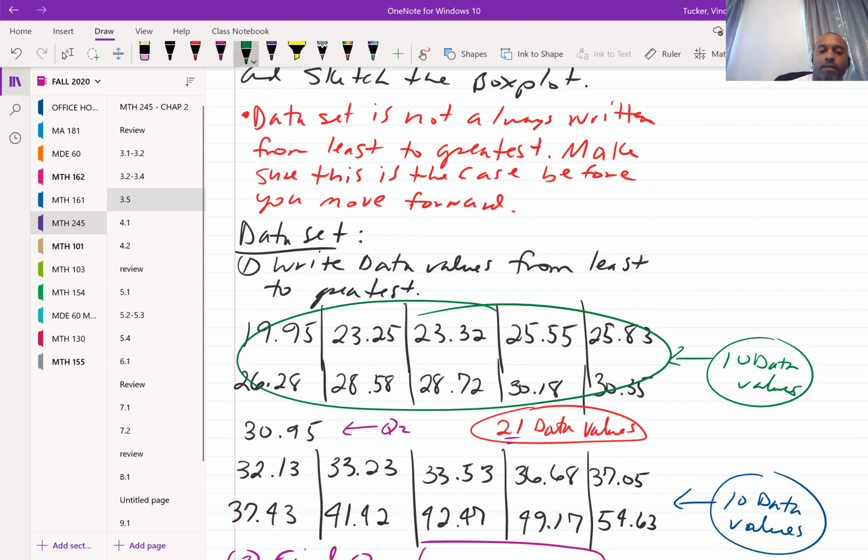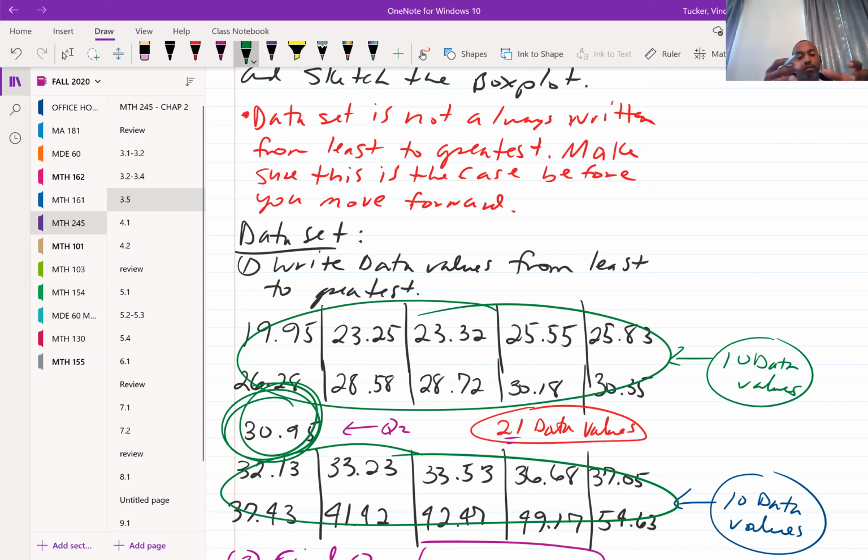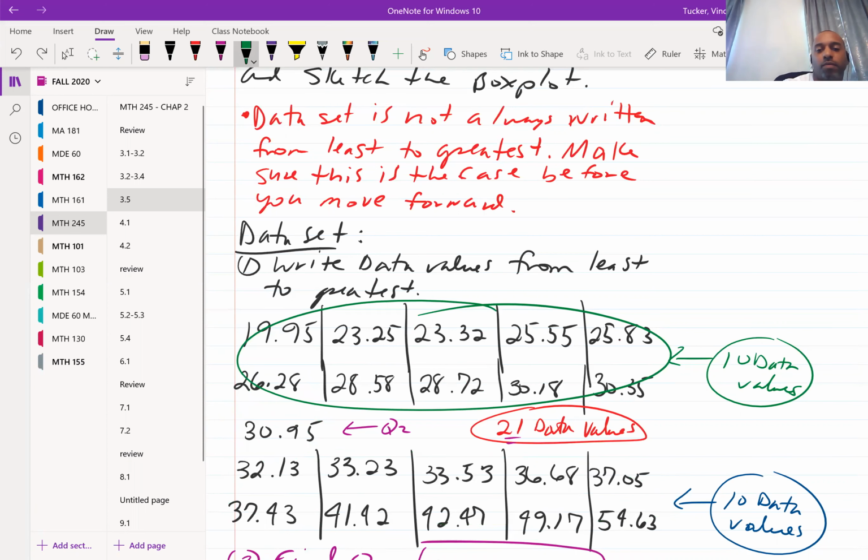So first half of data, second half of data, but since I have 21 values, I have a legit middle value right here, and that's why I wrote it right there in the middle. So once again, you don't have to organize your data this way. I always feel like it's easiest to do it this way to help me pick out what numbers are in the middle, what my quartiles are, and so on.